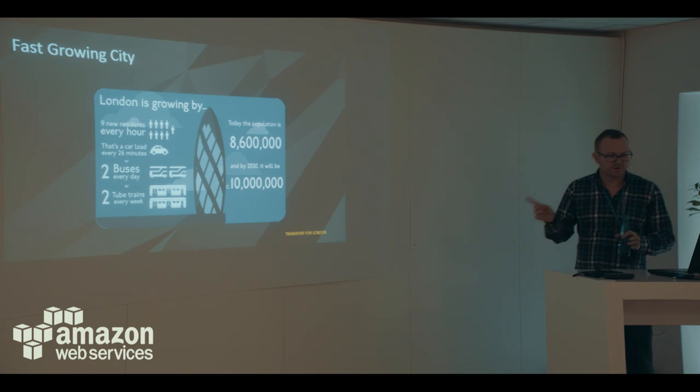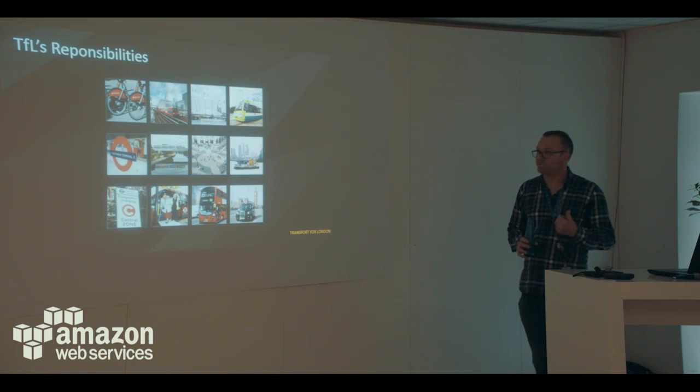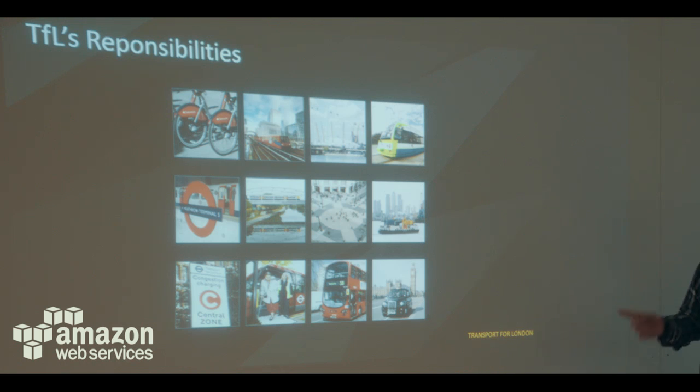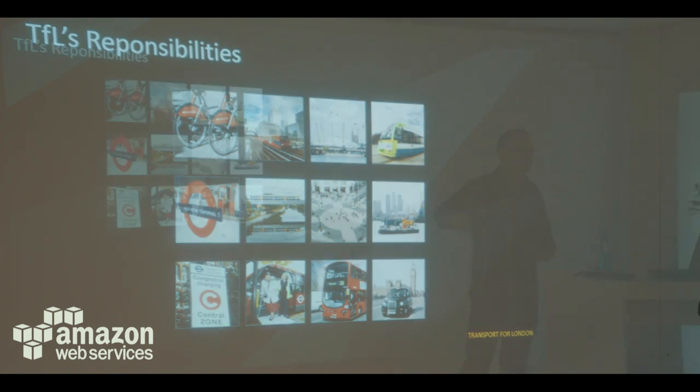So we do a lot of work with London. We do a lot of work with Transport for London. So these guys are interesting. If any of you have been to the UK and you've gone to London, TfL are the guys who are responsible for the tube, right? You get your Oyster card, you tap onto the tube.